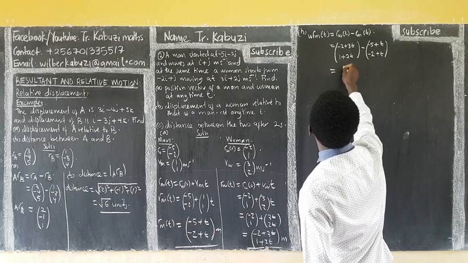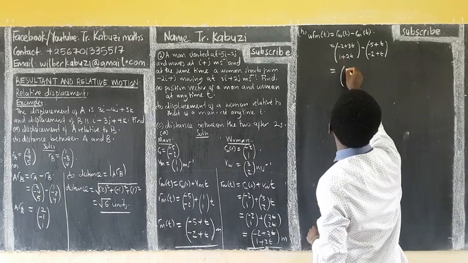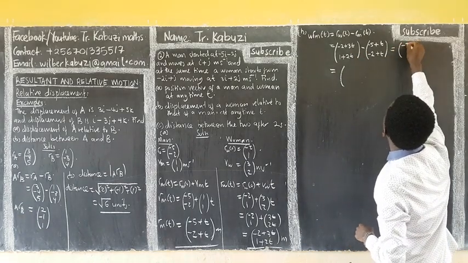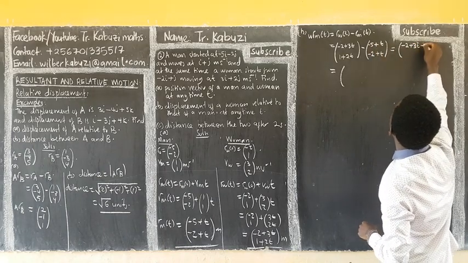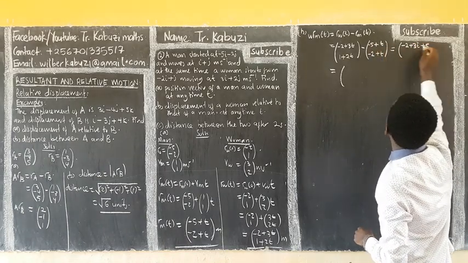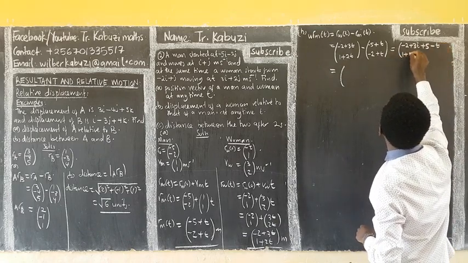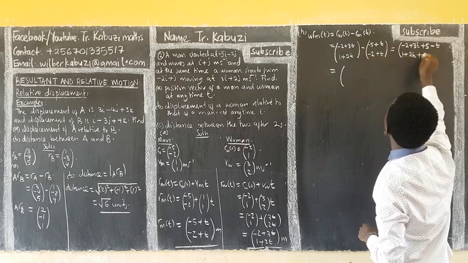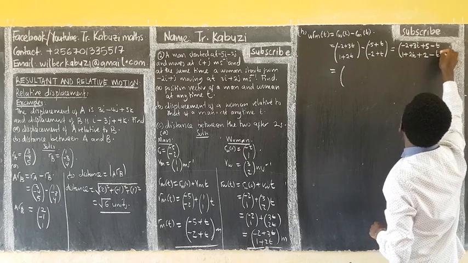If we simplify this, I'll be having -2 plus 3t. This minus to give us positive 5, then minus t. Then this we have 1 plus 2t. This minus to get us positive 2, then minus to get us negative t.